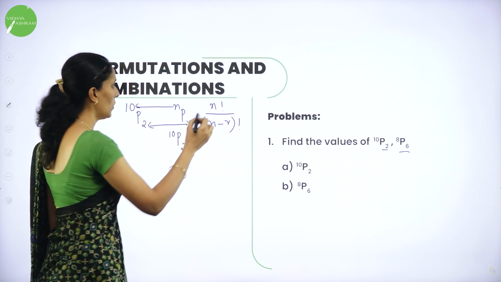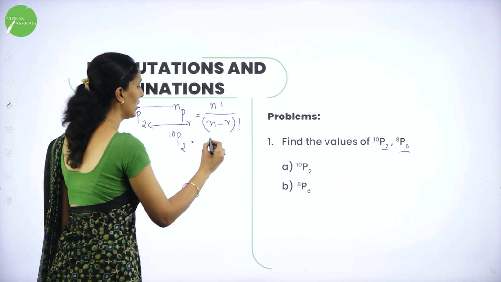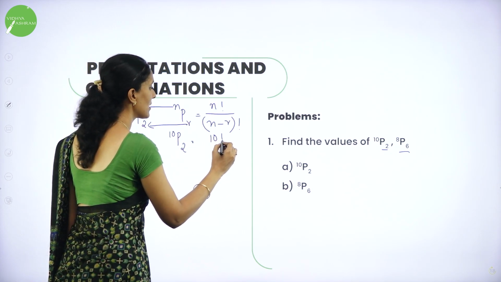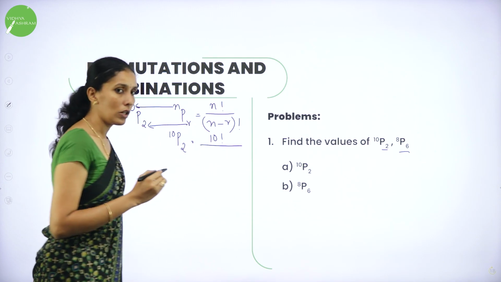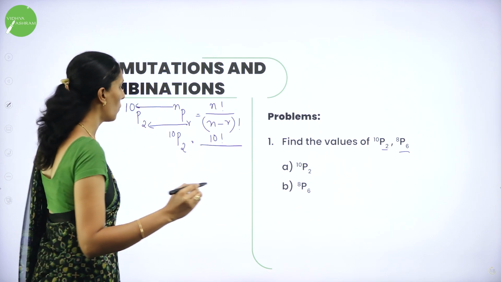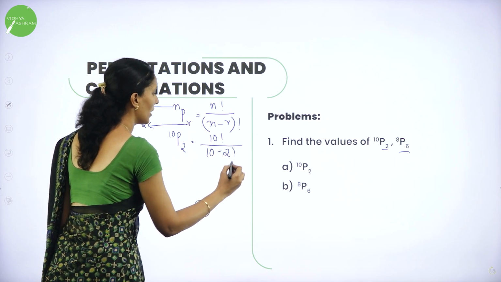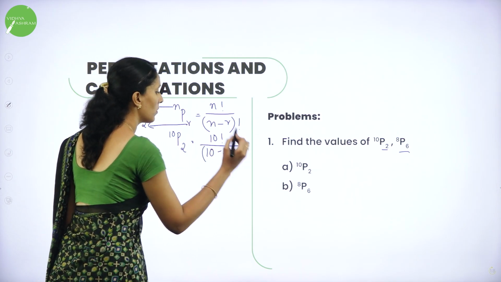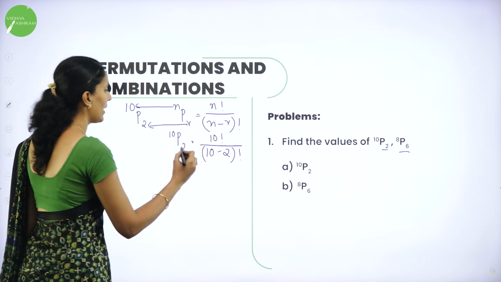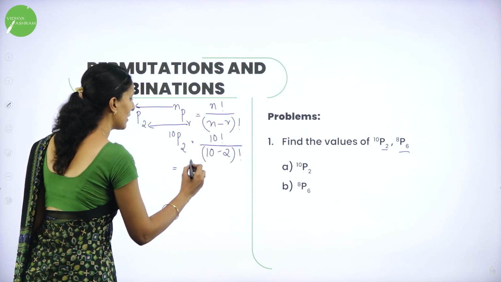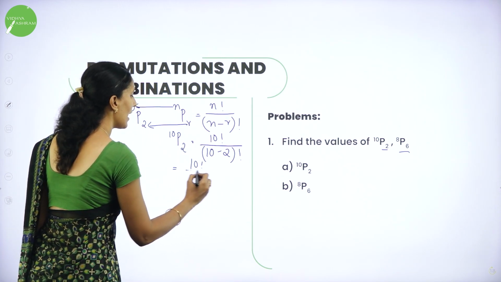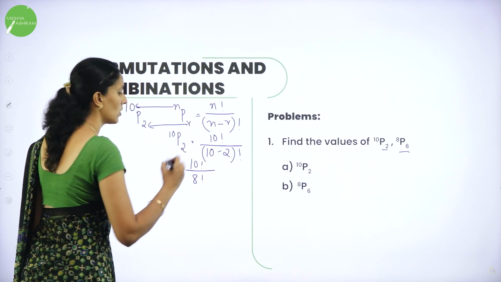So what do we mean by n factorial? 10 factorial, that is, you multiply all the numbers from 10 to 1. Then 10 minus 2 factorial, which is nothing but 8 factorial.